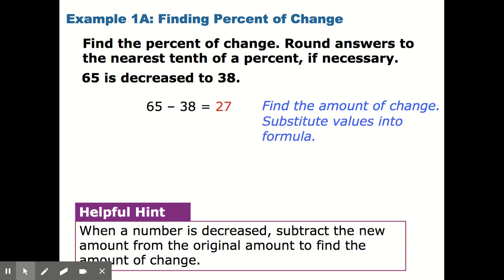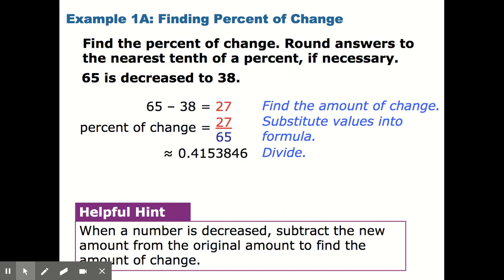We would substitute values into the formula. So the percent of change would be 27 divided by 65, because 65 was our original, and 27 is the change that's occurred. We would divide that out. We could use a calculator, and we'd get 0.4153846, but it says round to the nearest tenth, so that would be 41.5%.